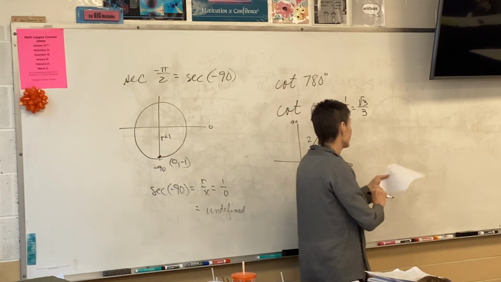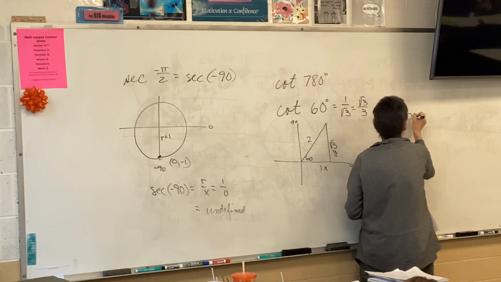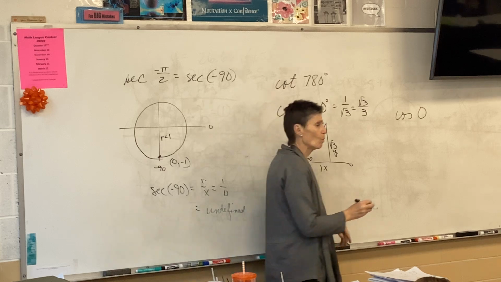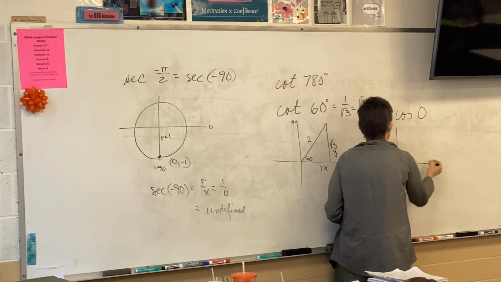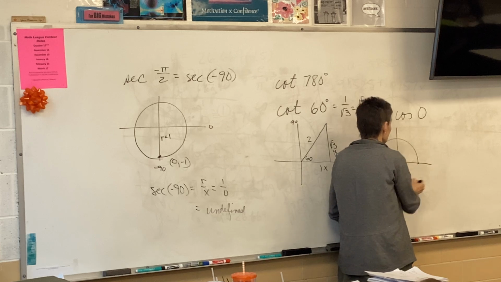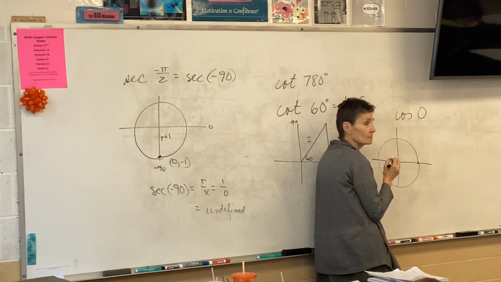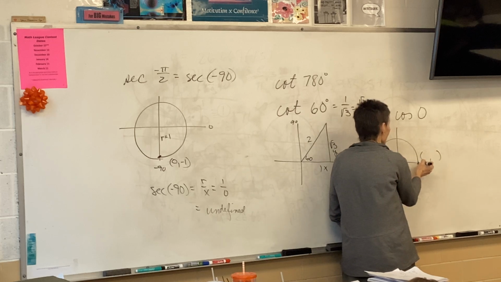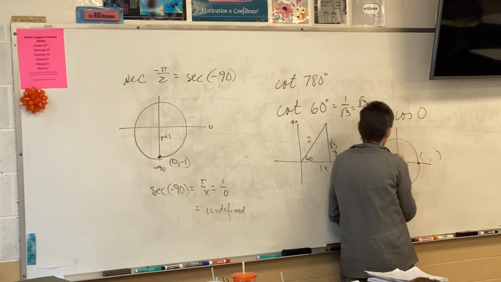All right, last one, cosine of 0. Where's 0? Right here, on an axis, need a circle. What are the coordinates of that point? 1, 0.